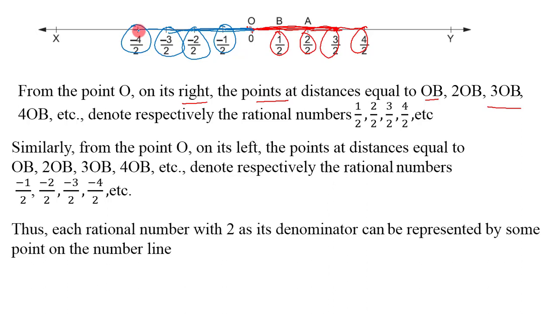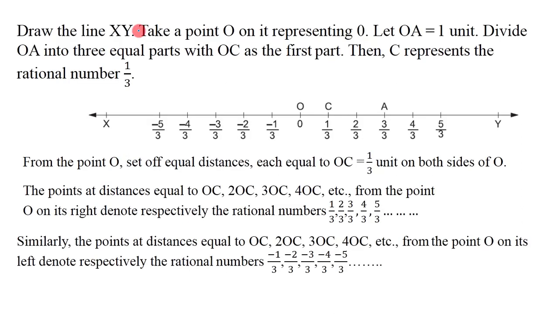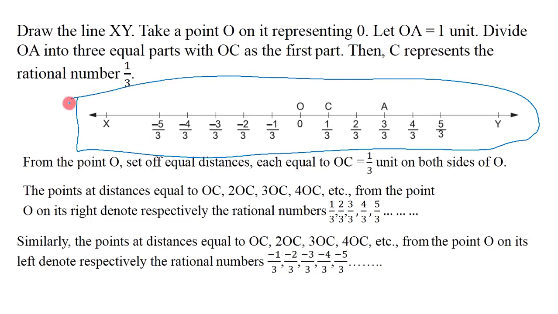If you understand this concept, let us see how to represent a rational number with a denominator 3. This is a number line which shows the representation of a rational number with a denominator 3. I firstly have drawn a line XY which extends endlessly in both directions.